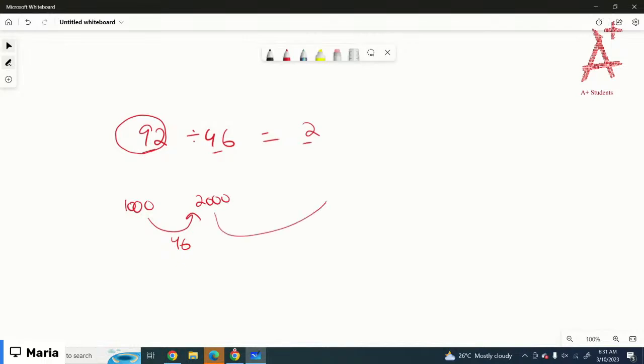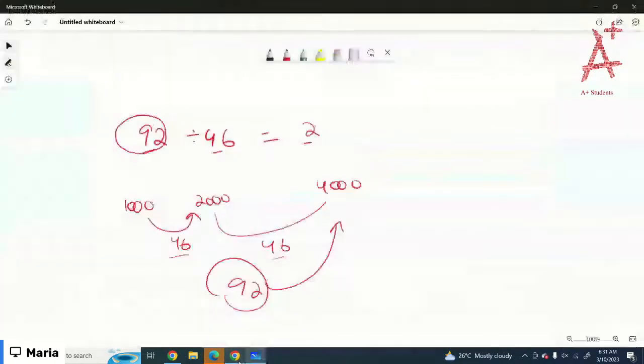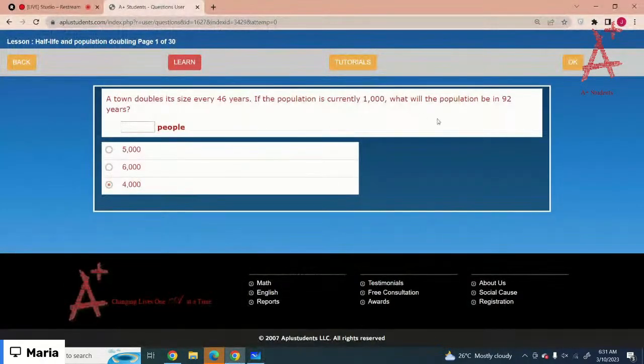Then again, after the next 46 years, it would be doubled. 2000 plus 2000 is 4000. 46 plus 46 is 92. That means after 92 years, they are 4,000. Got it? That means the correct option is 4,000.